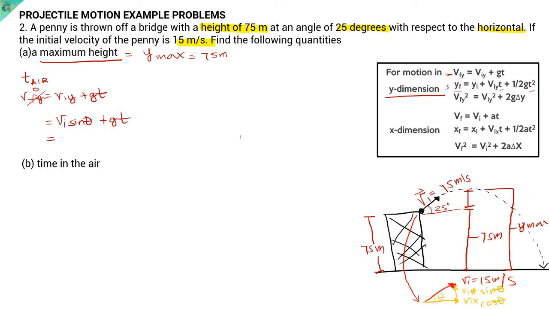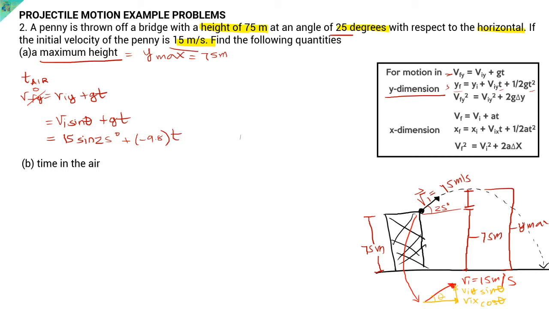Our VI is obviously 15 meters per second, so this would be 15 sine the angle, which is 25 degrees, plus negative 9.8, and then we're searching for time.